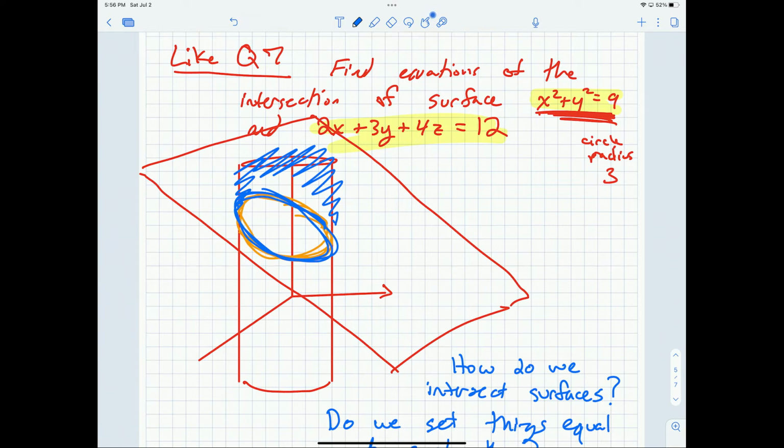So the surface was x should be x, y should be y. No, it was x equals cos t, y equals sine t, z just equals, I don't know, anything, right?